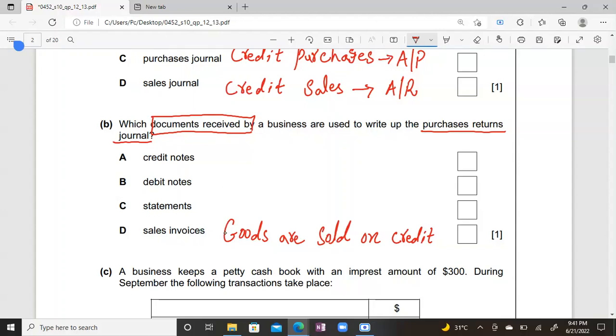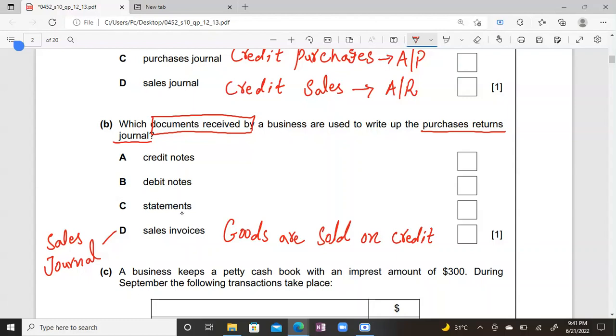And that is recorded in the sales journal. There are seven books of prime entry: sales journal, sales returns journal, purchase returns journal, then you can say cash book and petty cash book and journal. So a sales invoice will go to the sales journal. Statements is not a journal.